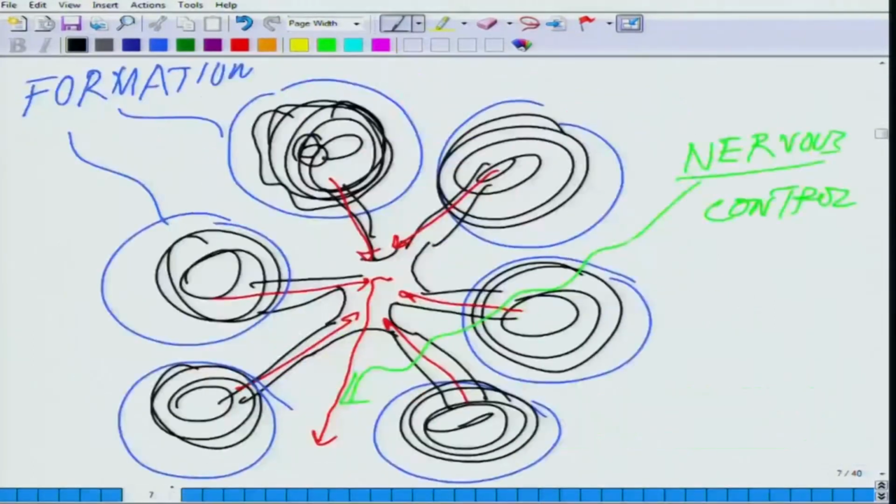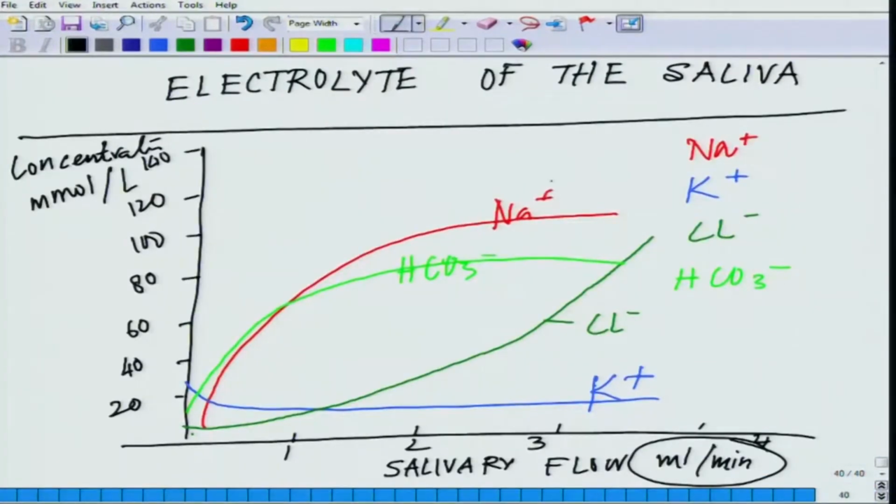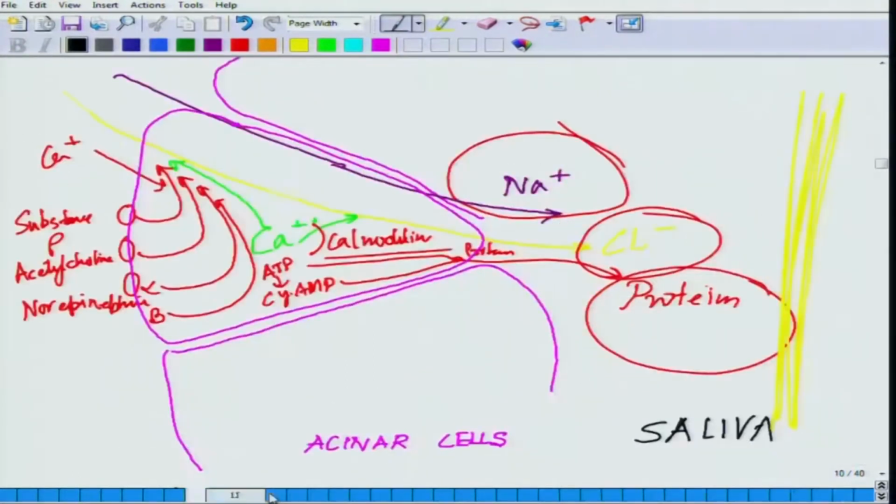Now, if you look at that previous graph which I showed you, no, not this one, not this one, this one. Okay, maybe the 40th. Okay, if you look at this graph, saliva has a huge concentration of sodium, huge concentration of chloride, and HCO3. Now, if you look back out here, so this is where the sodium is getting through.